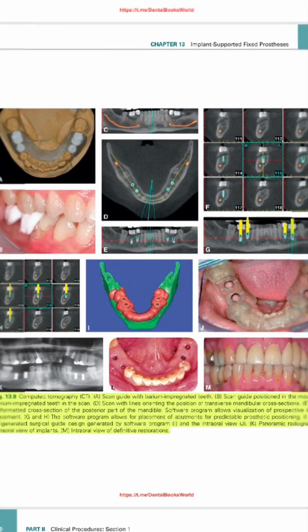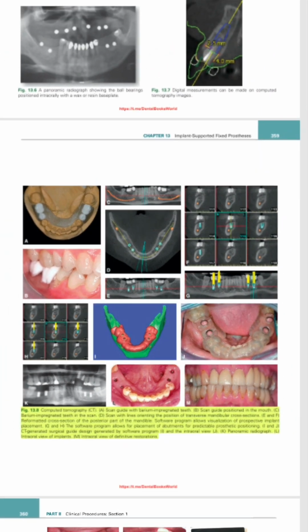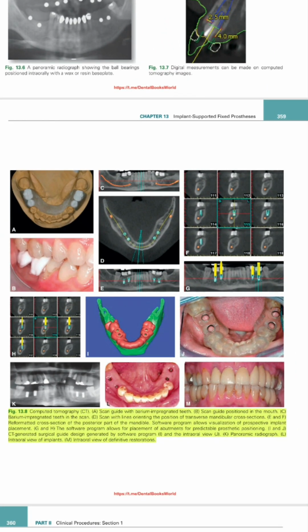We will now discuss the diagnostic and the surgical guide types that will guide us to the proper location and inclination of the implants inside the mouth.